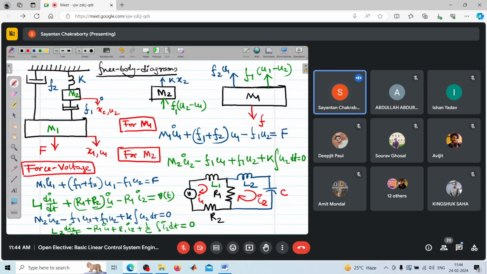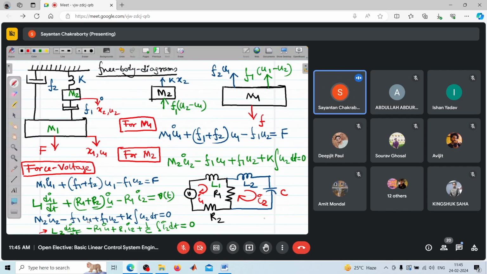See, now for the second loop, total voltage source is 0. We have L2 di2/dt, and this branch has minus R1 I1 in this sense, plus R1 I2 in this sense, and 1 by C integration I2 dt.